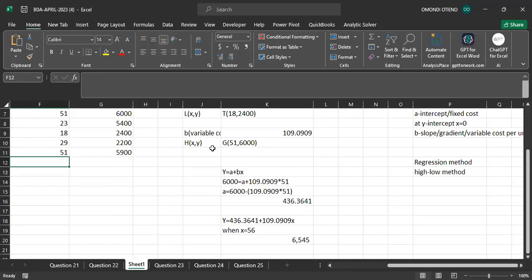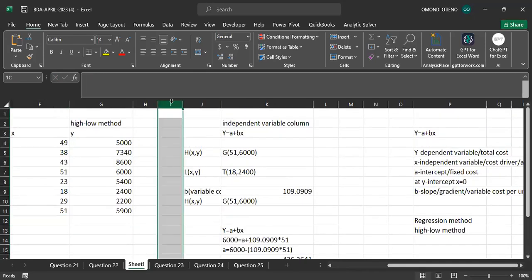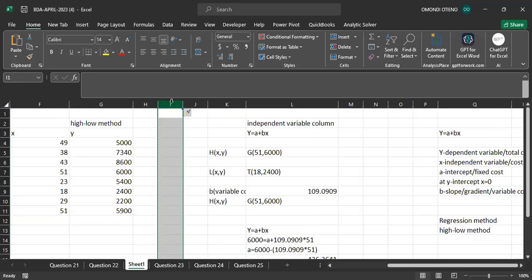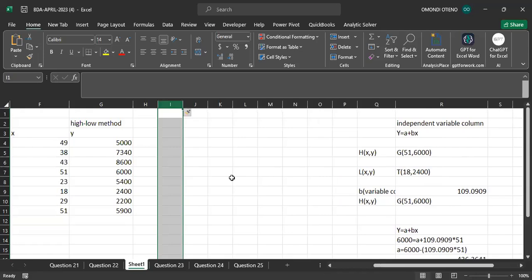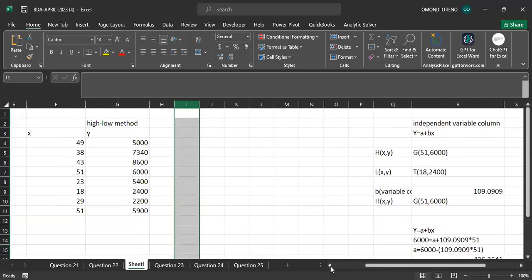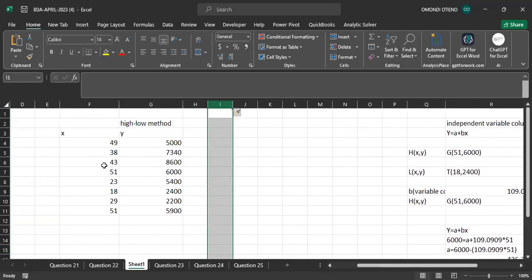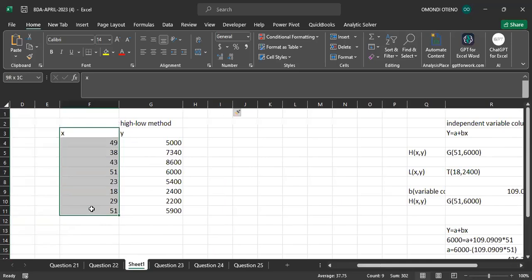Good. Don't delete what we've been able to calculate. Just bring in additional columns here, because I want us to compare this. Now that we have the X column and Y column, are we able to get the slope? Because our interest here is to get the slope and also the intercept, right?